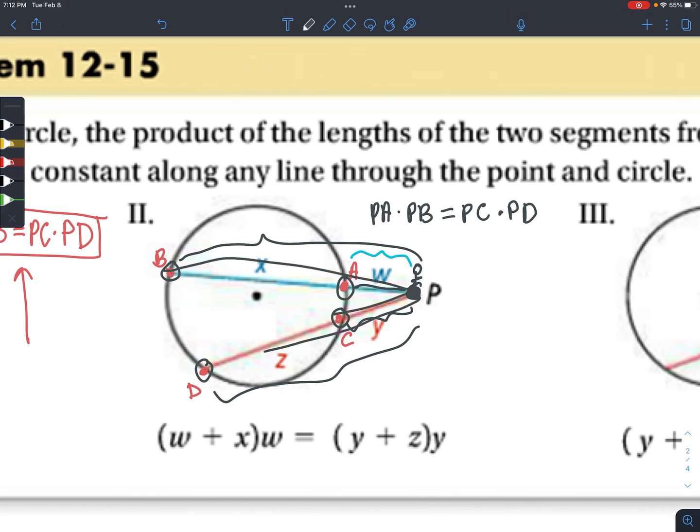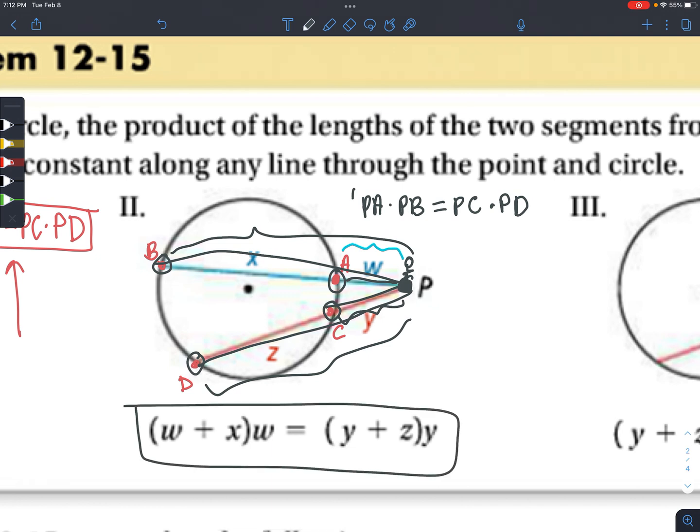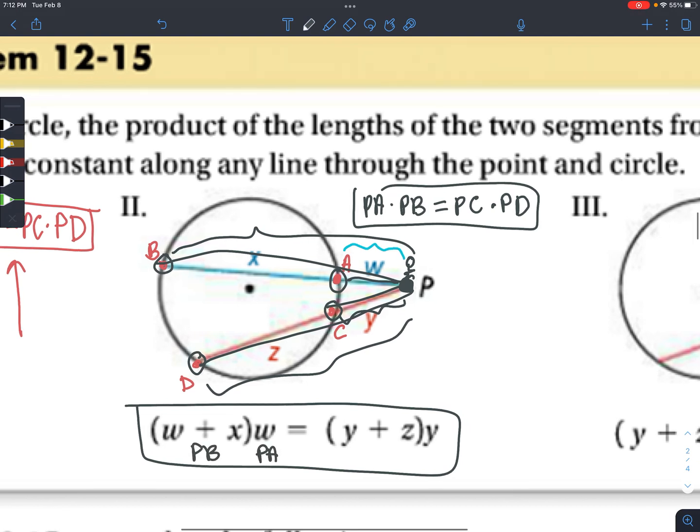First, PA, and then you go PB, and then you go PC, and then you go PD. And if you multiply those together like that, it works out. So this is the same as this. Right? This would be PA, this would be PB, this is PC, and this would be PD.